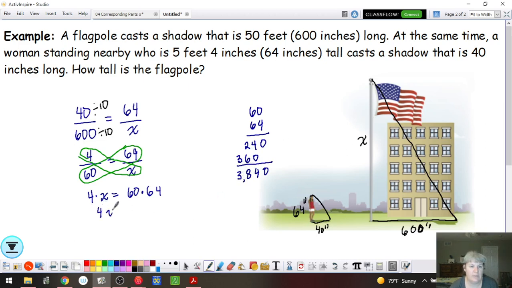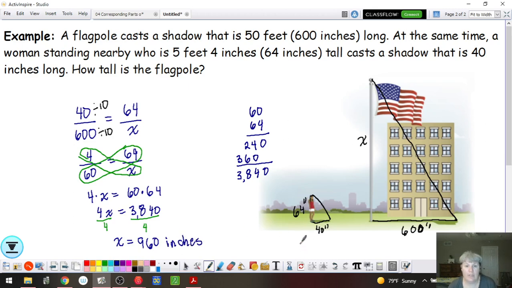So 4x equals 3,840. Divide both sides by 4. And we have x equals 960 inches.